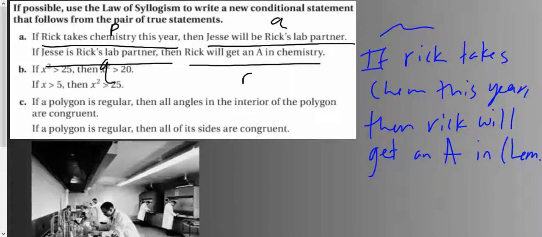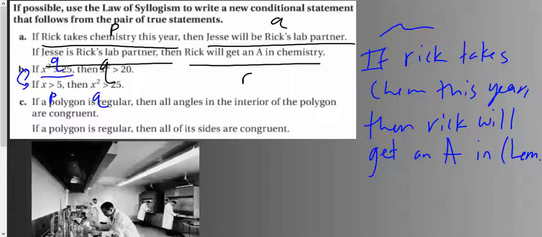All right, if x squared is greater than 25, then x is greater than 20. If x is greater than 5, then x squared is greater than 25. Now this one's unique because it's kind of backwards. We need to switch these two around. So it needs to go, if x is greater than 5, that's P, then x squared is greater than 25. That's the Q part, because the Q part is right here as well.